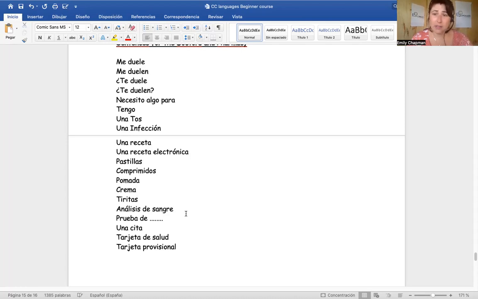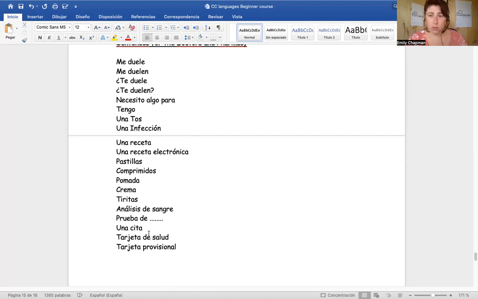Pastillas are tablets, comprimidos are pills, pomada is an ointment, crema, cream, plasters, tiritas. And then other handy vocabulary, a blood test would be a blood analysis, análisis de sangre, a test of whatever kind, prueba de, orina, for example, a urine sample, urine test, prueba de orina. An appointment, una cita, so you could use necesito, I need, necesito una cita.